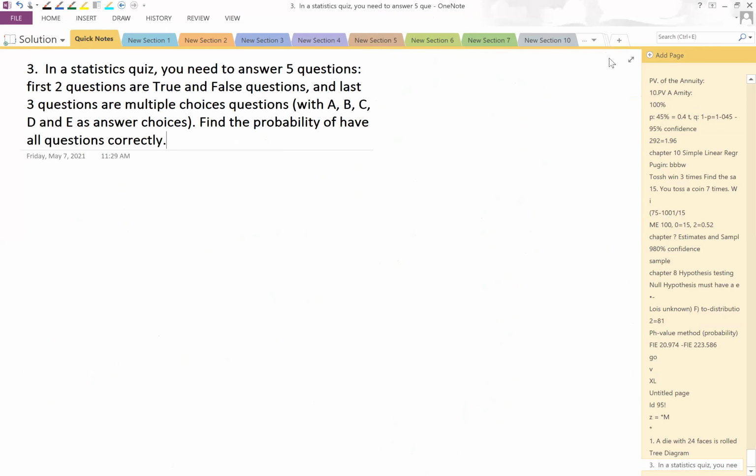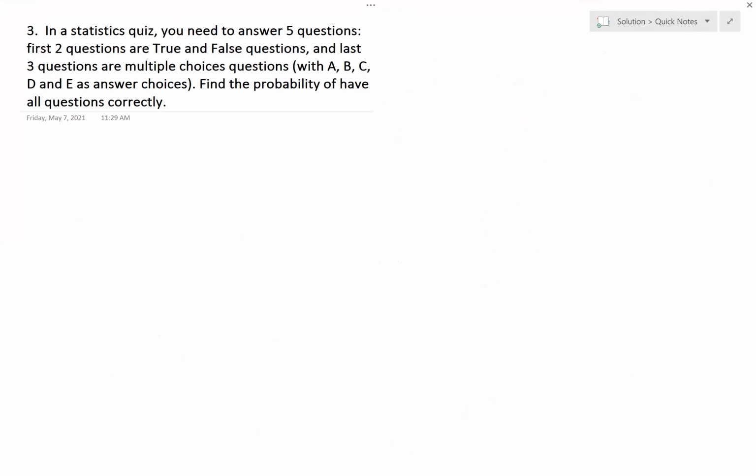We're going to find out the probability of getting all answers correctly. So probability of all questions correct. Meaning with 5 questions, all of them have to be correct.